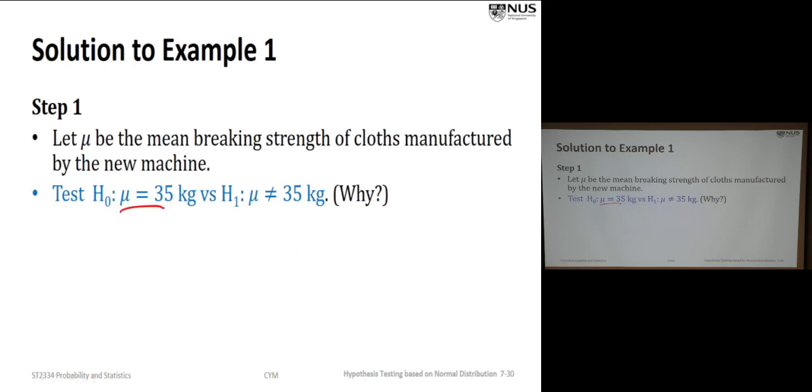So this is the one. We want to find out whether the machine has a different mean strength.